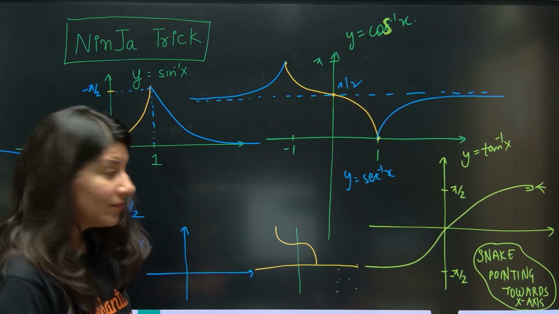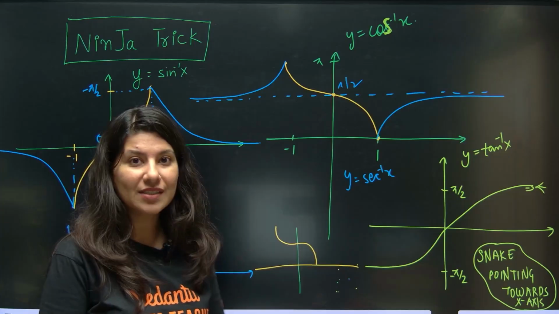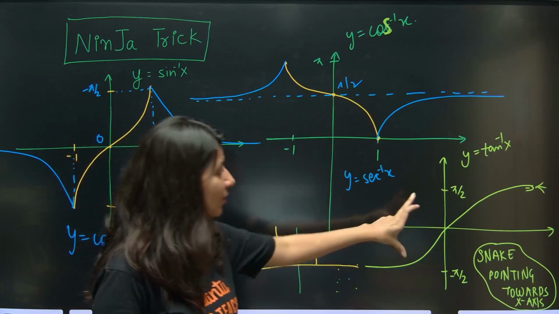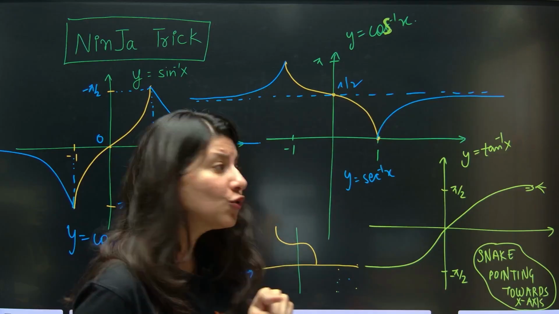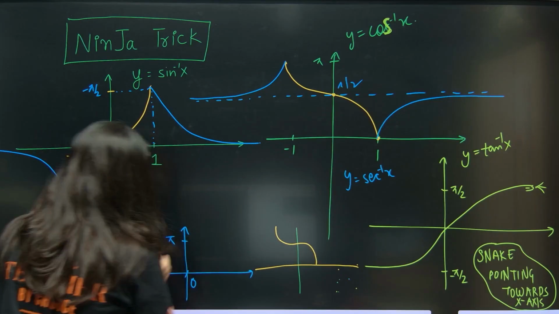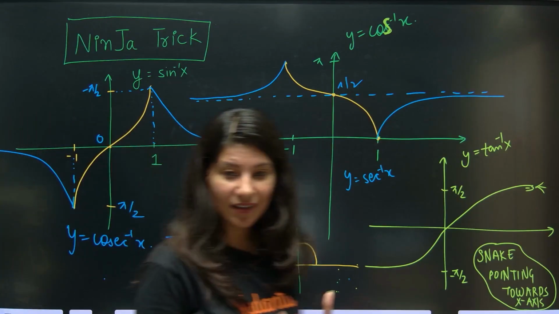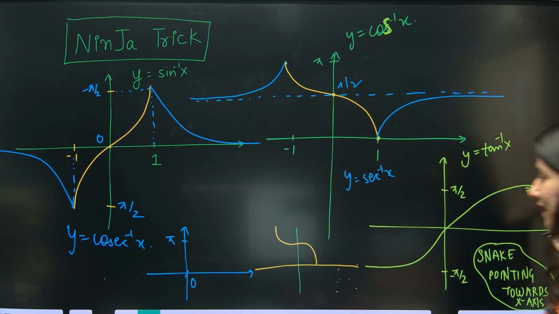Now tan inverse and cot inverse cannot stay in one graph because of the range. Range of tan inverse is minus pi by 2 to pi by 2. But range of cot inverse, tell me ma'am, 0 to pi open. You already told me, right? But the snake trick is the same. Here the snake is pointing towards the x-axis.